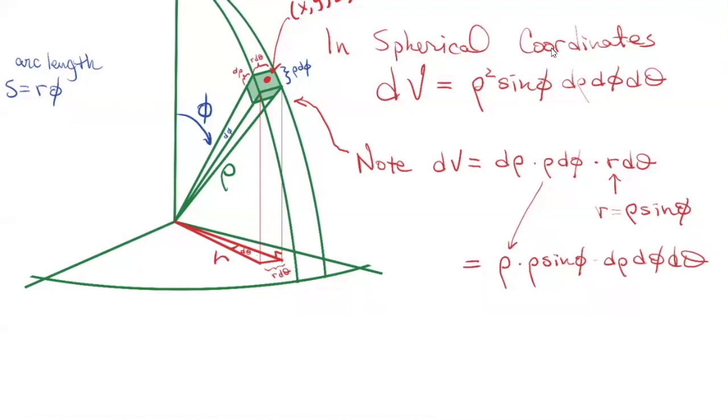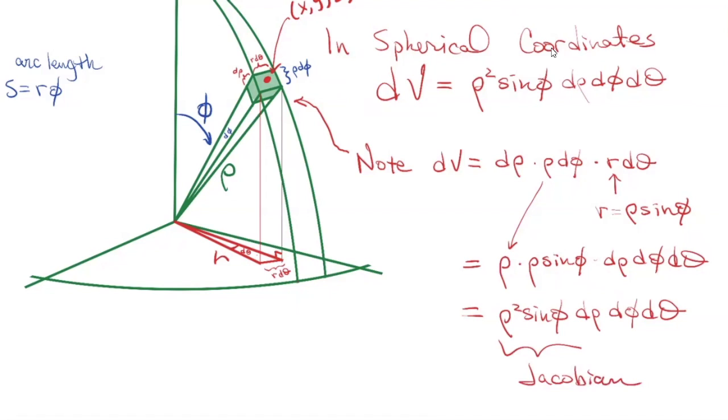So this is just rho squared sine phi, d rho, d phi, and d theta. So once again, this thing here is our Jacobian for the change of coordinates.